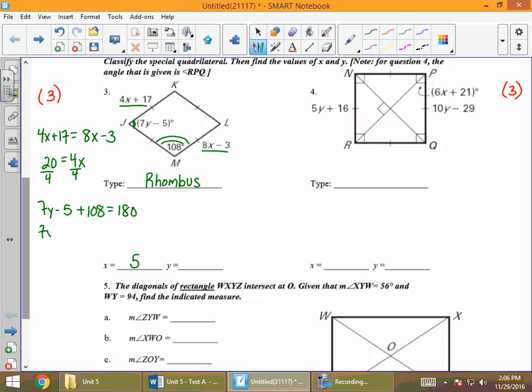So that is 7y, negative 5 and 108 is 103. Subtract 103 on both sides. And that is going to give me 77. Divide both sides by 7. And y is equal to 11.